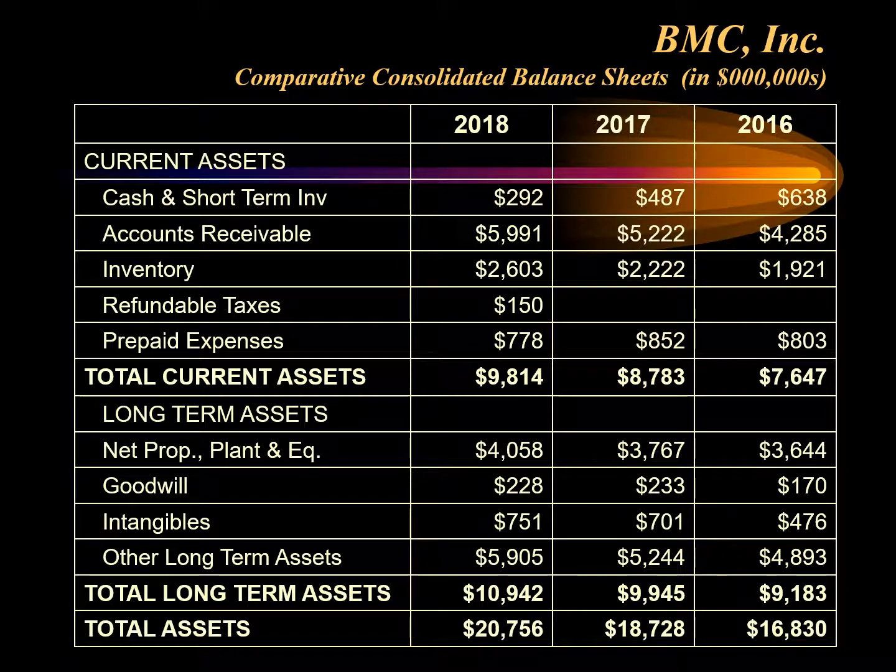So the only way Goodwill can increase is if you purchase another company. Now, every year a company has to go through and determine whether their goodwill has gone down in value or not. It's called goodwill impairment.